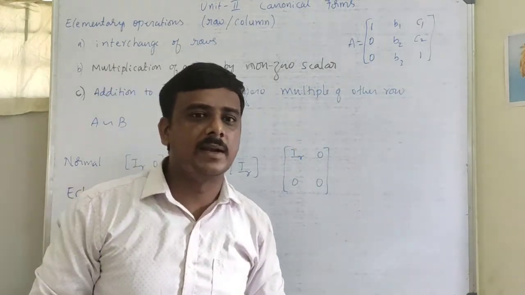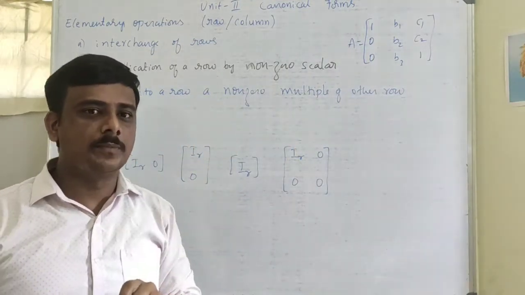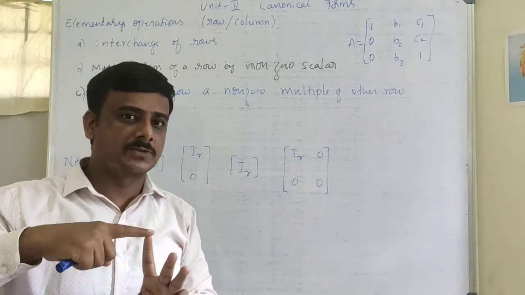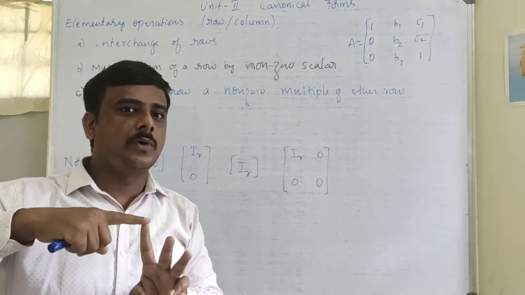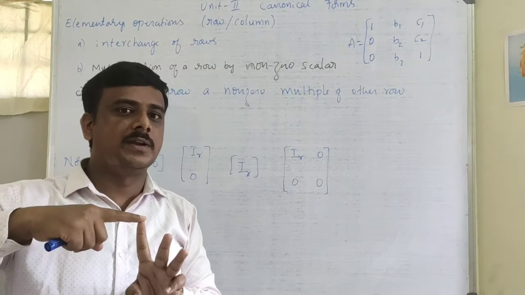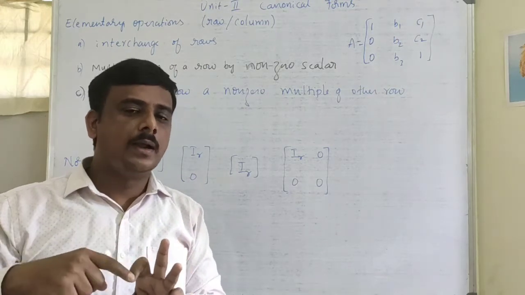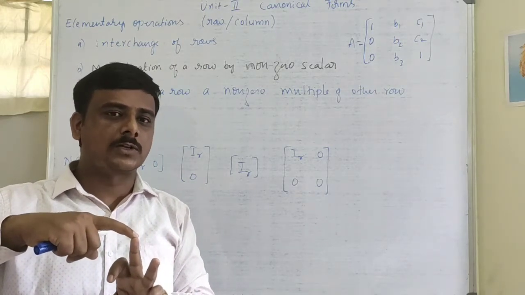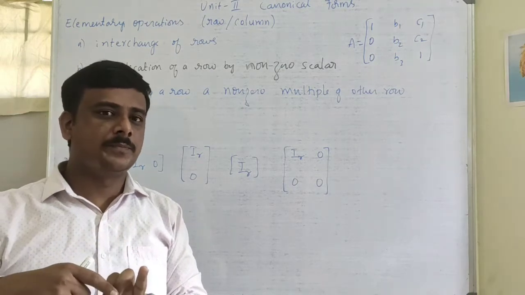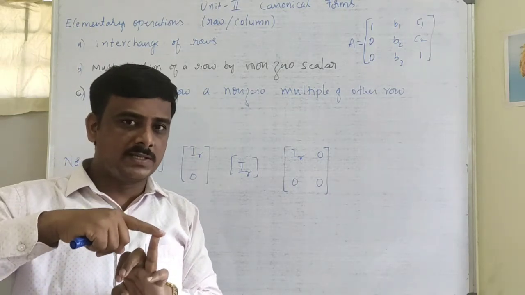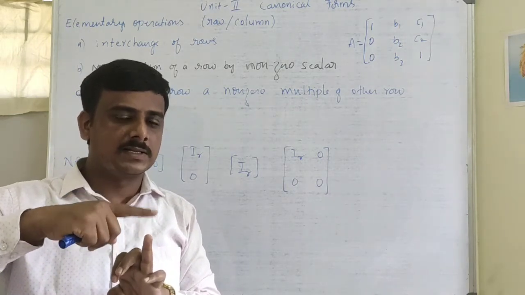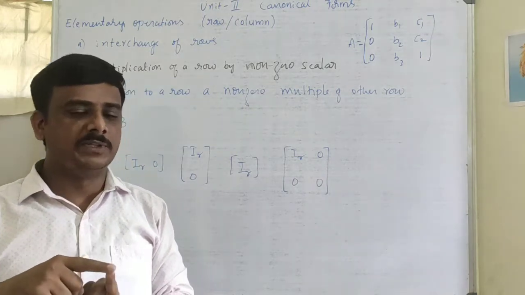So to say that a matrix is in echelon form, it has to satisfy three conditions. First, the first non-zero entry of any row must be 1, and entries below 1 in that column should be 0. And if there is any 0 row in that matrix, that 0 row must be at the bottom of the matrix.